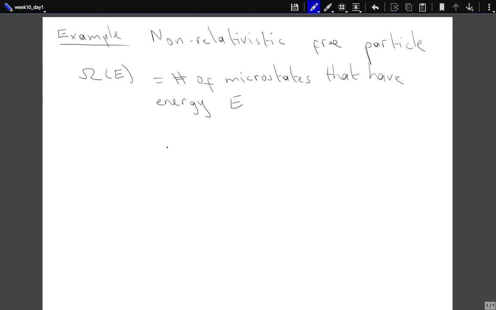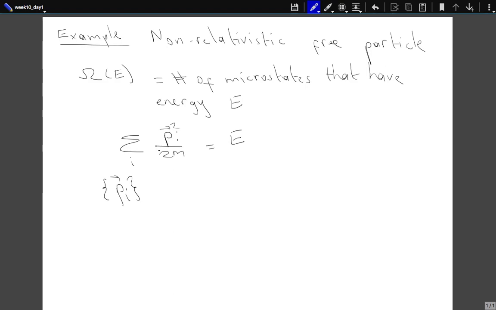So we have the condition that we have free particles, so their energy is given by the sum of their kinetic energies, which can be written as p_i squared, the momentum of the ith particle, divided by 2m, summed over all particles. This should be equal to E. Now, how many vectors p_i? We are looking for the number of sets p_i such that they satisfy this condition. That number is infinite in classical physics.